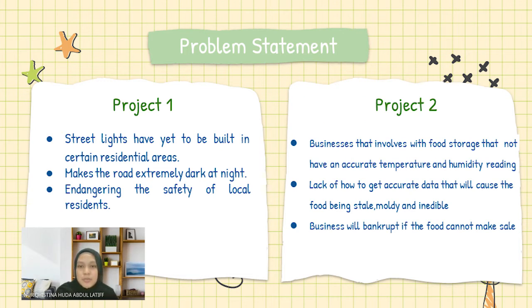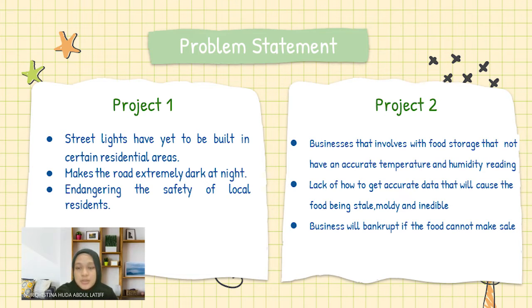Okay, for the problem statement, we have 2 projects here. For project 1, we have the street light that have yet to be built in a certain resident area. This will make the road extremely dark at night and endangering the safety of the local resident.